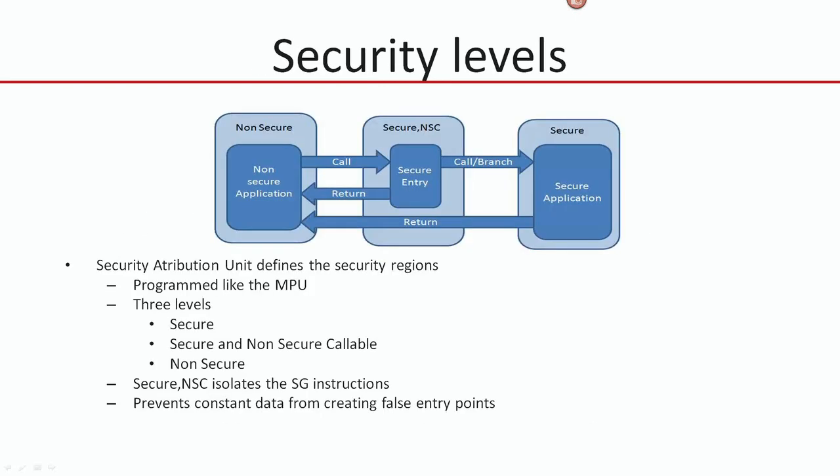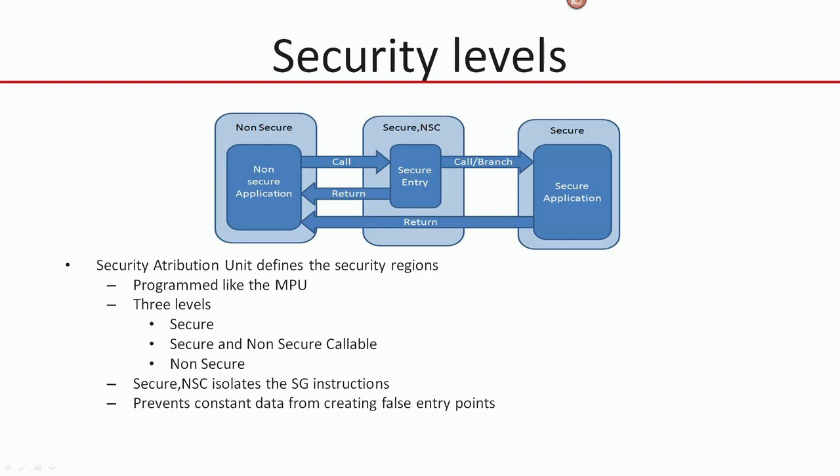Now, we've said that we have these two different operating states, the non-secure state and the secure state. And we have our special entry point called the secure gateway instruction. Now, this is an opcode, which is a binary pattern, and it would be possible that there could be a code constant in the secure state that had a matching binary pattern.